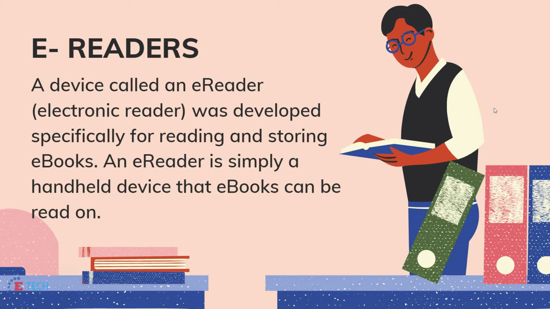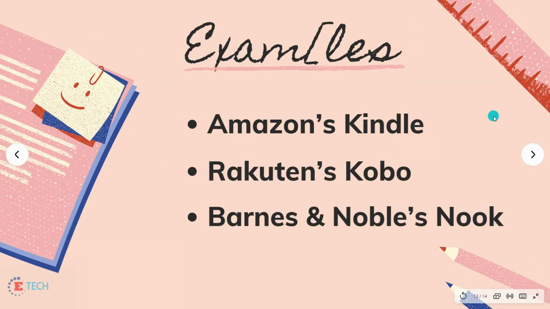It looks like a tablet, but it cannot do everything a tablet does. It is typically a handheld device that ebooks can be read on. Examples of these e-readers are Amazon Kindle, Rakuten Kobo, and Barnes and Noble's Nook. These are examples of e-readers where the sole purpose is for users to read ebooks.